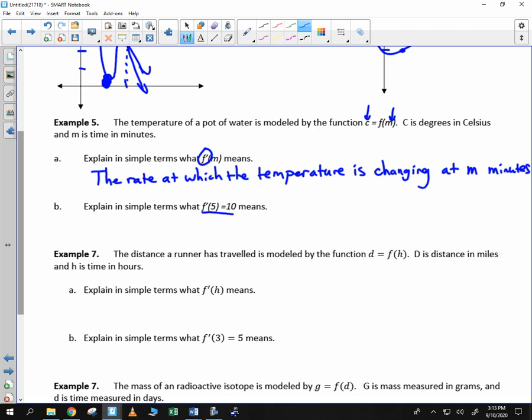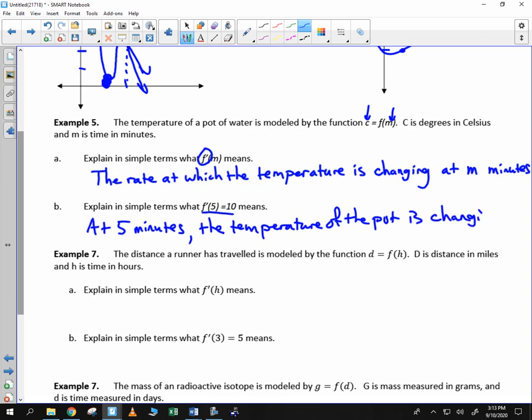It says explain in simple terms what f prime of 5 equals 10 means. That means at 5 minutes, the temperature of the pot is changing at a rate of, what is the rate?